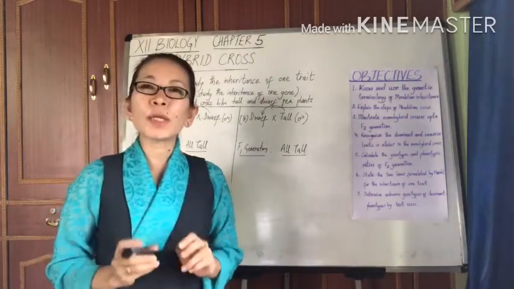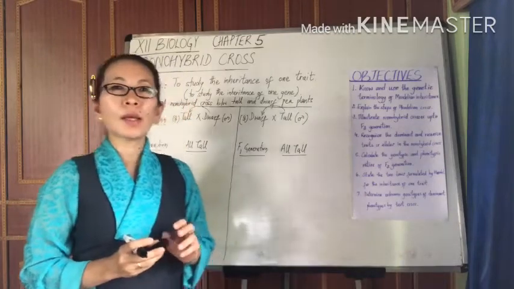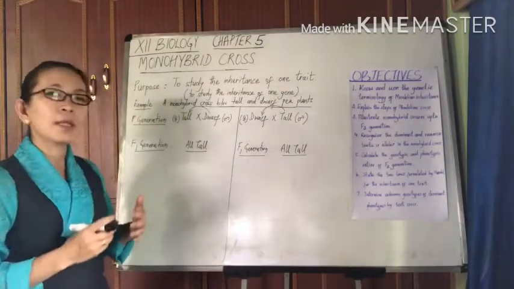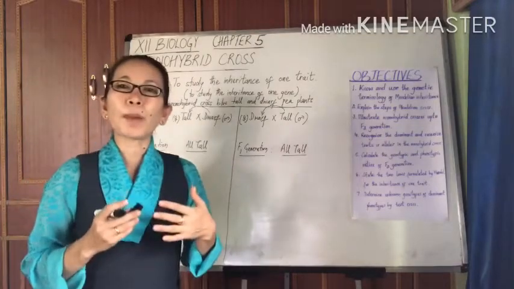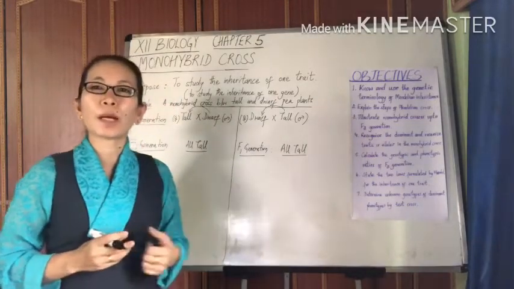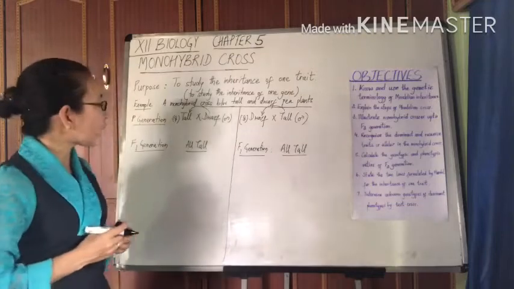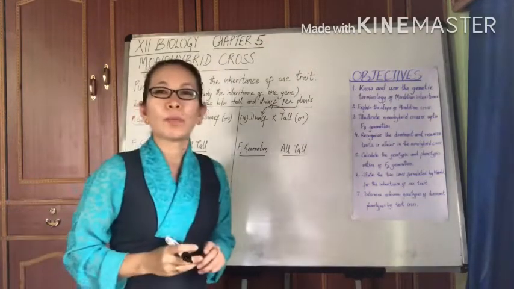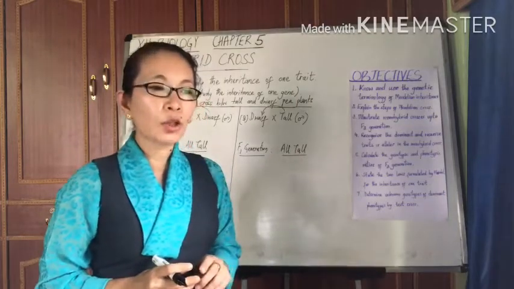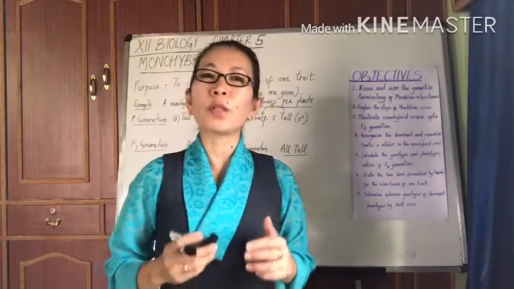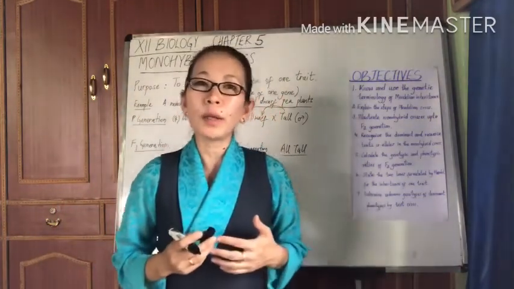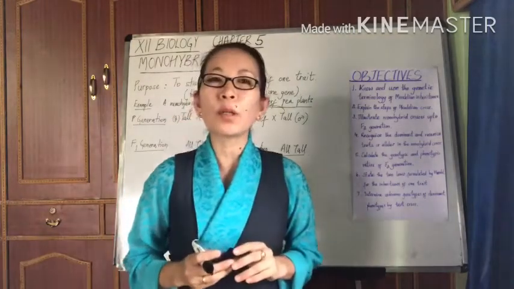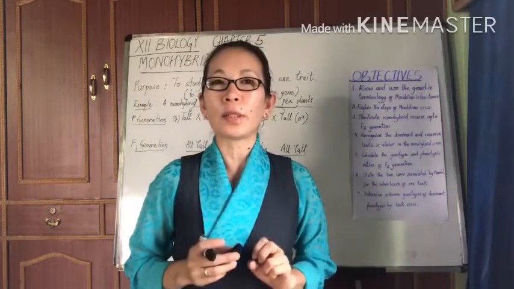Now this intrigued Mendel because he did not find any kind of a blending or a mix of the parental characters in his F1 plants. He did not have intermediate height in the F1 plants, which was actually the widely accepted theory on inheritance during his time. Right? So during his time there was this popular theory called the blending inheritance theory.